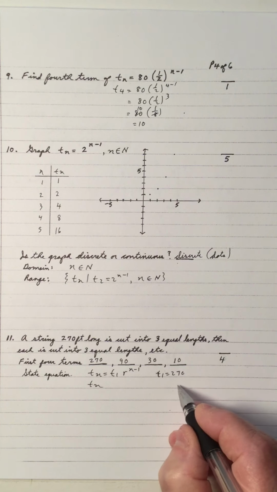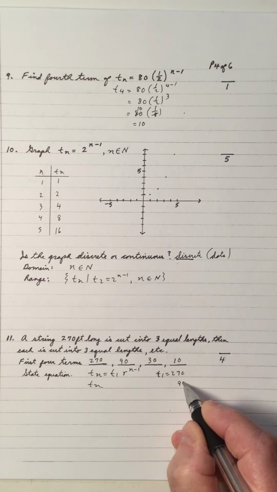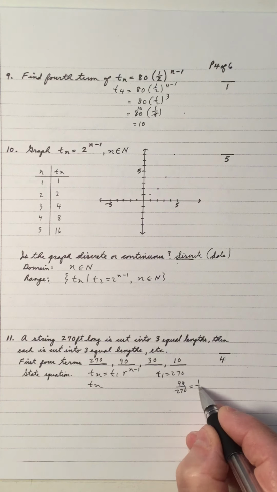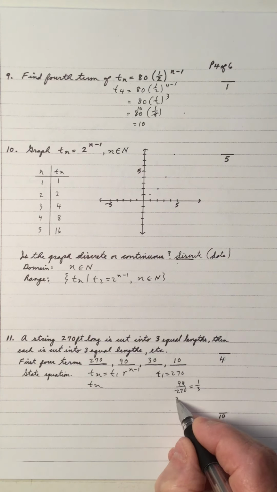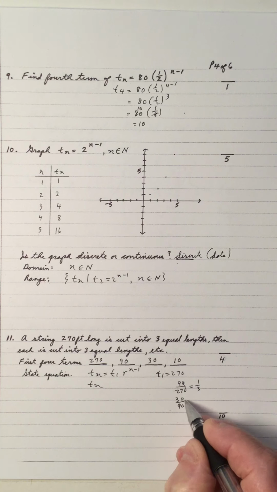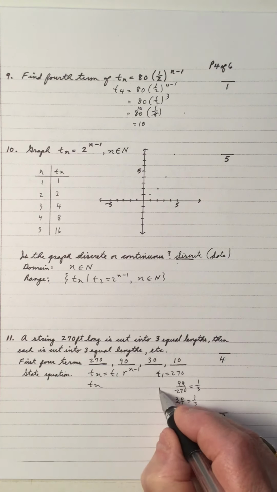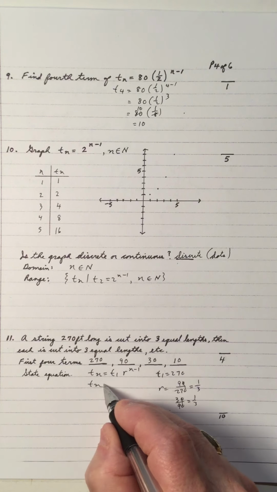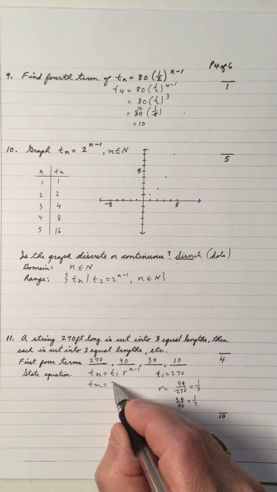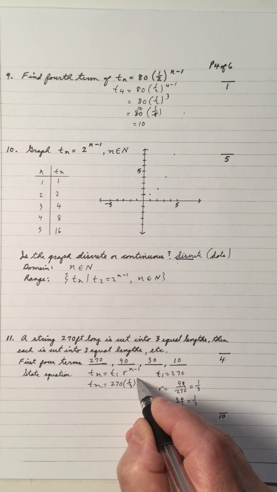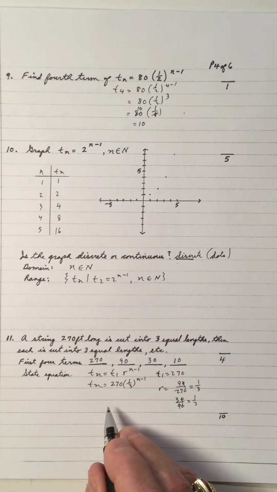And the ratio is 90 divided by 270, zeros cancel, 1 over 3. And 30 divided by 90, zeros cancel, is 1/3. So the ratio is 1/3. So the first term is 270, ratio is 1/3 to the n minus 1.